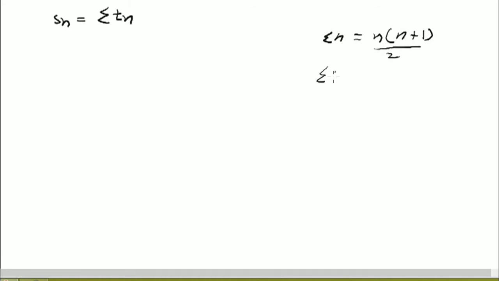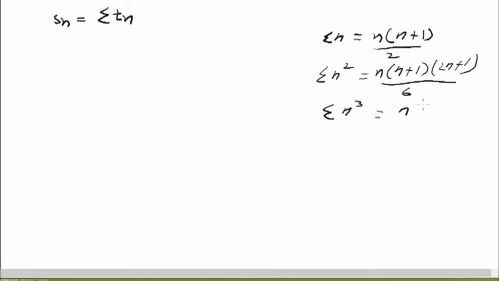And summation n cube is going to be n into n plus 1 by 2 complete whole square. So you can say summation n cube is actually the whole square of summation n. If you remember these things, you can easily find Sn by using Sn is summation of Tn.